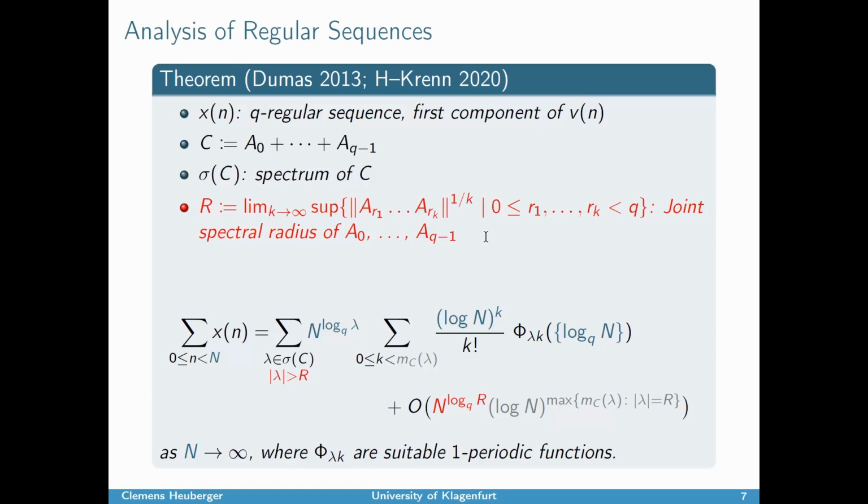We don't have a proof, but we strongly feel that you can't do better in some sense. It's not a limitation of our methods, it's a limitation of the problem. And M_C of lambda is the size of the largest Jordan block of C associated with lambda, so the number of logarithmic terms is related to the eigenstructure.